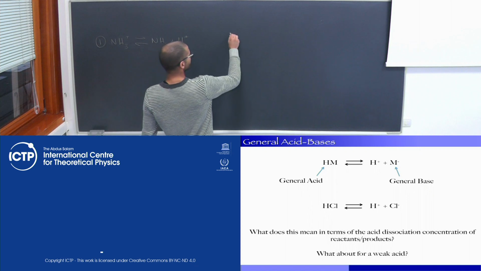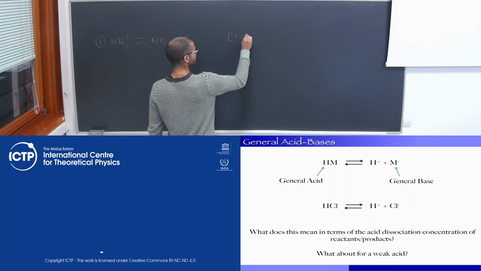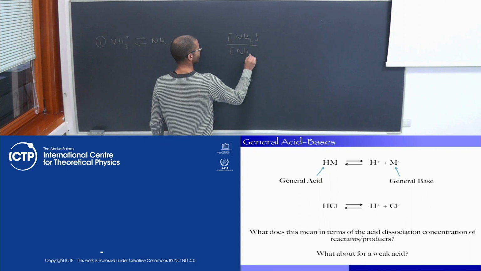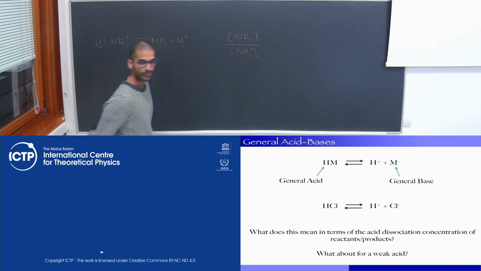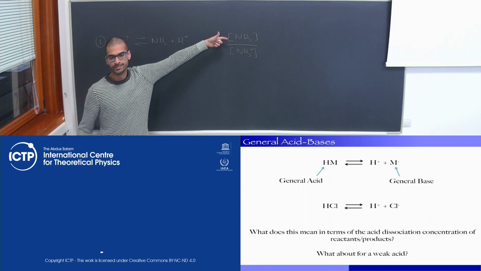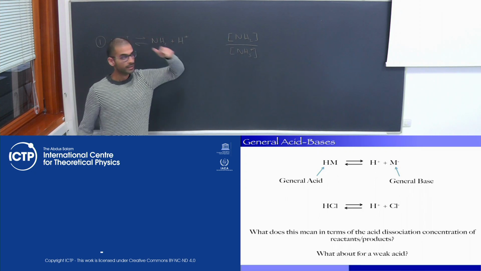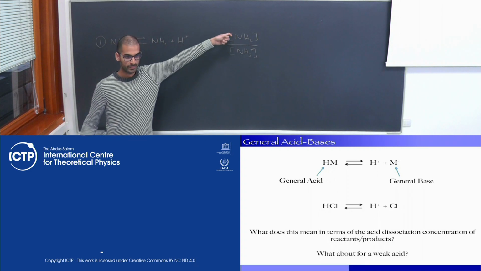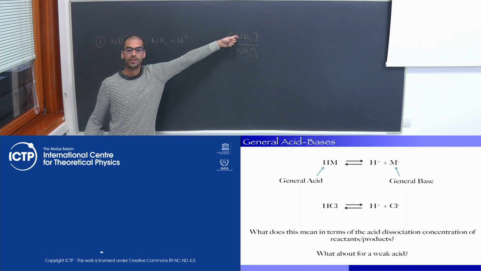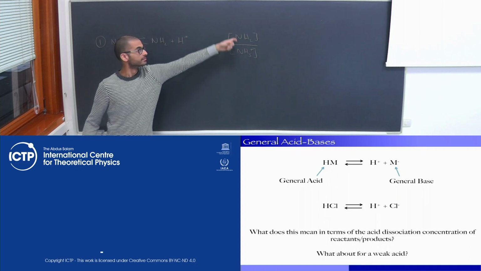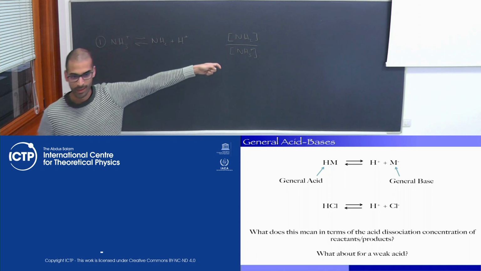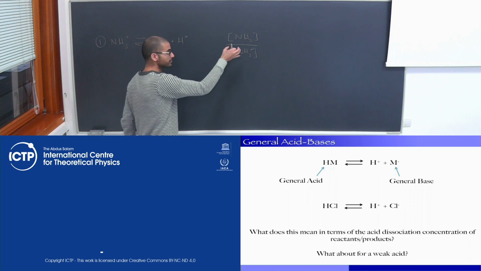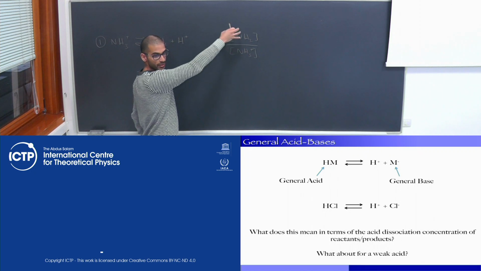And the thing that you want to take advantage of is this concentration ratio. If you know this ratio, then you can tell whether this dominates or this dominates. If this is less than 1, then this is the dominant thing. If this is greater than 1, this is dominating. Okay, so that will allow you to say if the charge is plus 1 or neutral or 0.